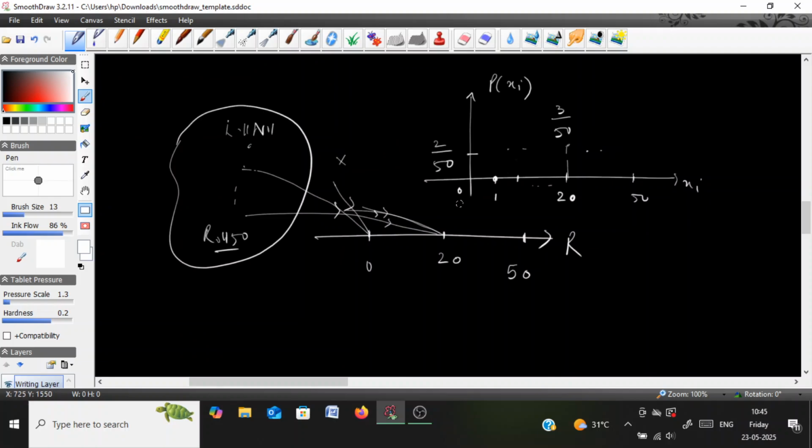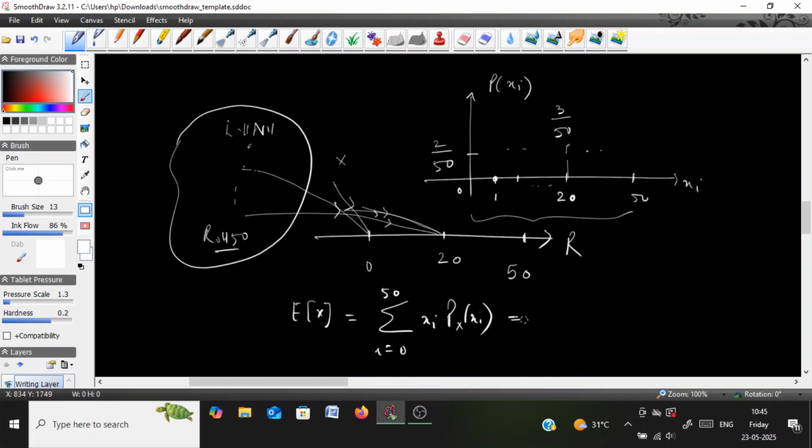This is the PDF of the random variable, and if I find the expected value or the mean of this random variable, then definitely this is summation of xi into px of xi. Now i in this case will go from 0 to 50. Okay, because the random variable can take any value in the range 0 to 50.